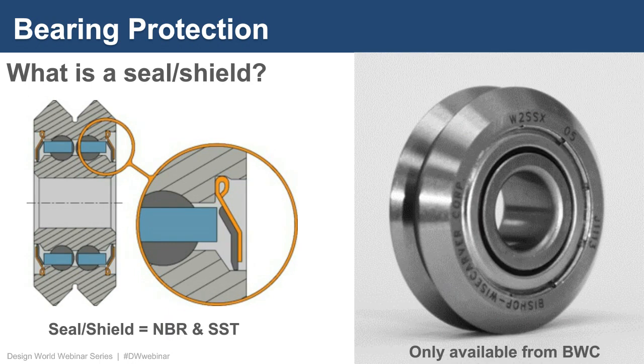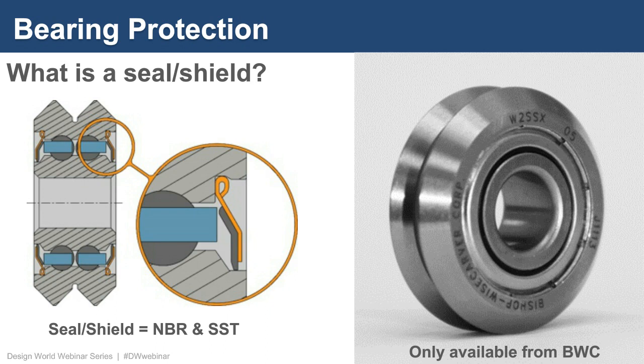BWC has some unique bearing protection in the seal shield combination, and it's essentially a hybrid of both technologies. It has a stainless steel shield on the outside and an NBR seal on the inside. You have to look closely at the image to see the little black line where the rubber is, because it's mostly covered by this stainless steel shield.